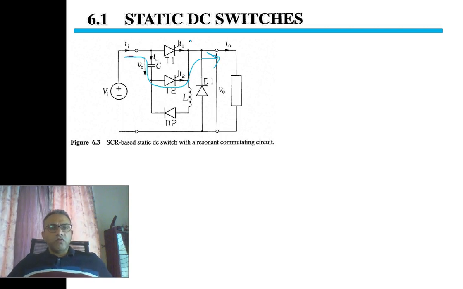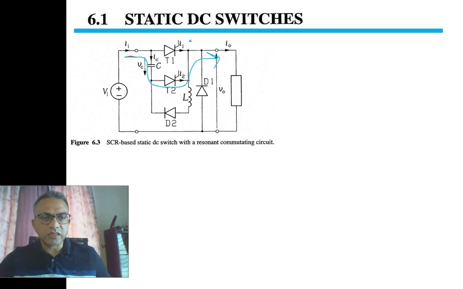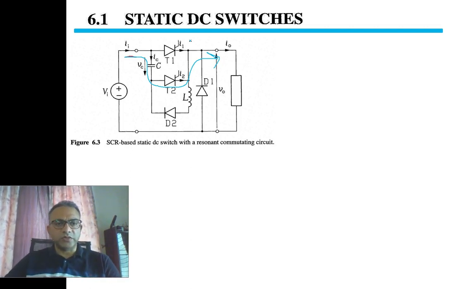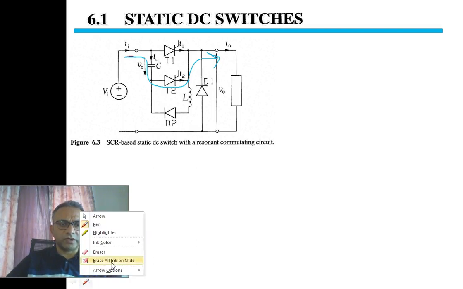This is called forced commutation, and this circuit consisting of capacitor C, inductor L, T2 and D2 is our forced commutating circuitry. Now let us see how this circuit works.